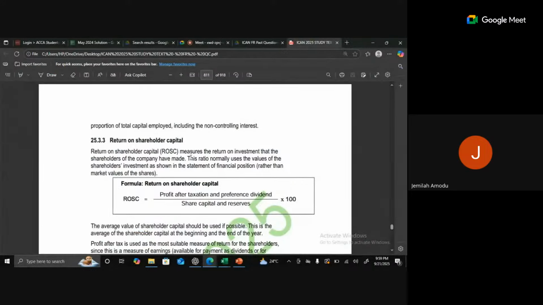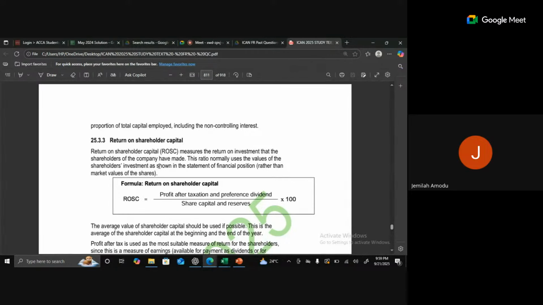So you just look at the value of the shareholders' investment in the financial position. You are simply looking at the investment that was made by your shareholders, the one that was given to you in your SOFP.